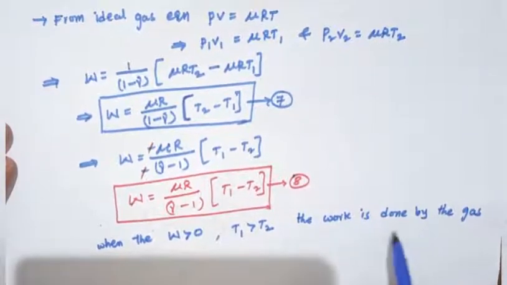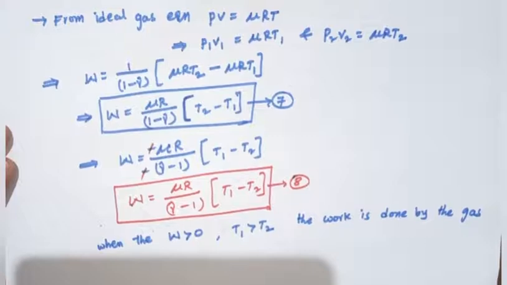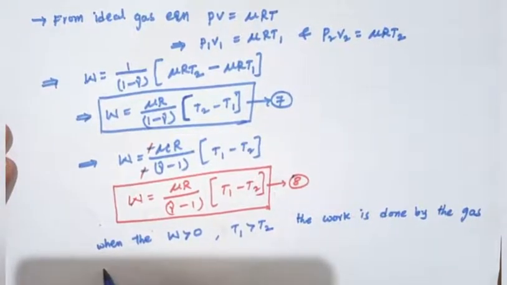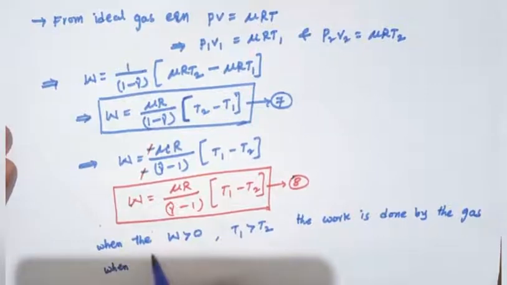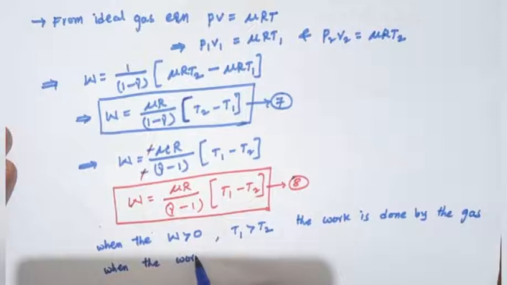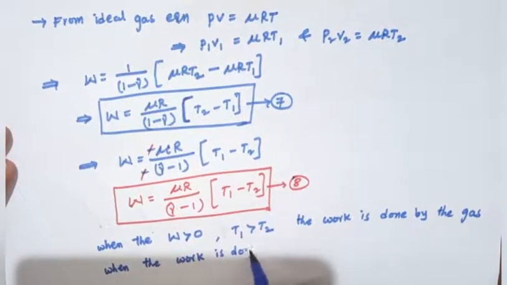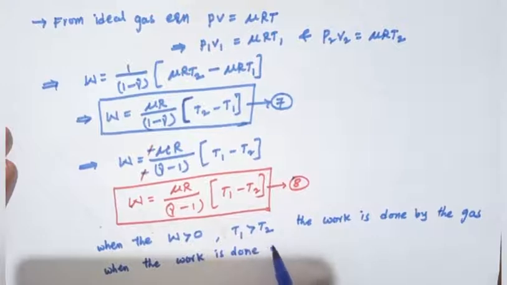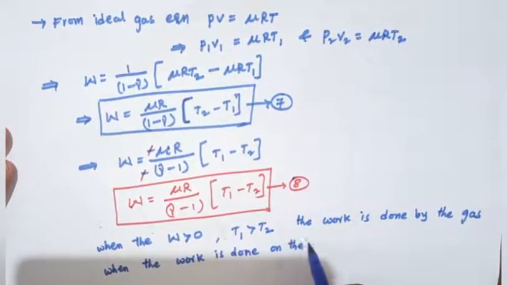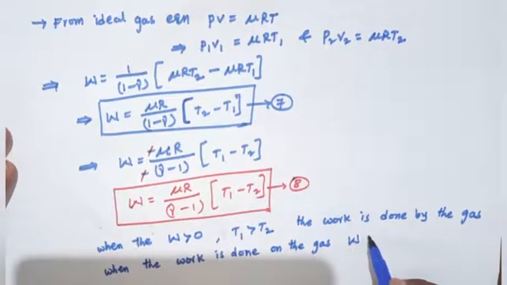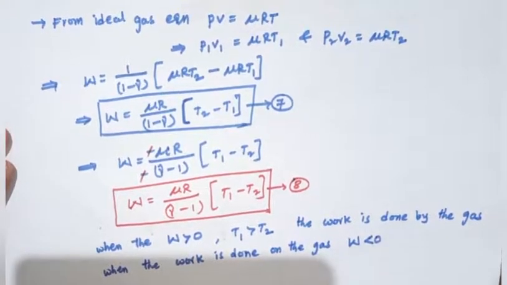Okay, and on the other hand, if work is done on the gas, that is W is less than 0.